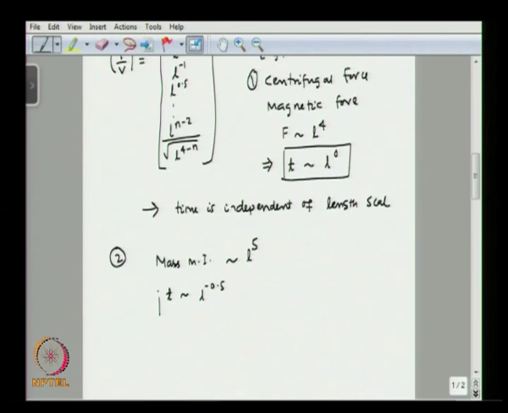Okay. So what it means is that if you are talking about two different motors, one is smaller in size, a small size motor will reach the maximum speed, the top speed faster as compared to a larger motor.